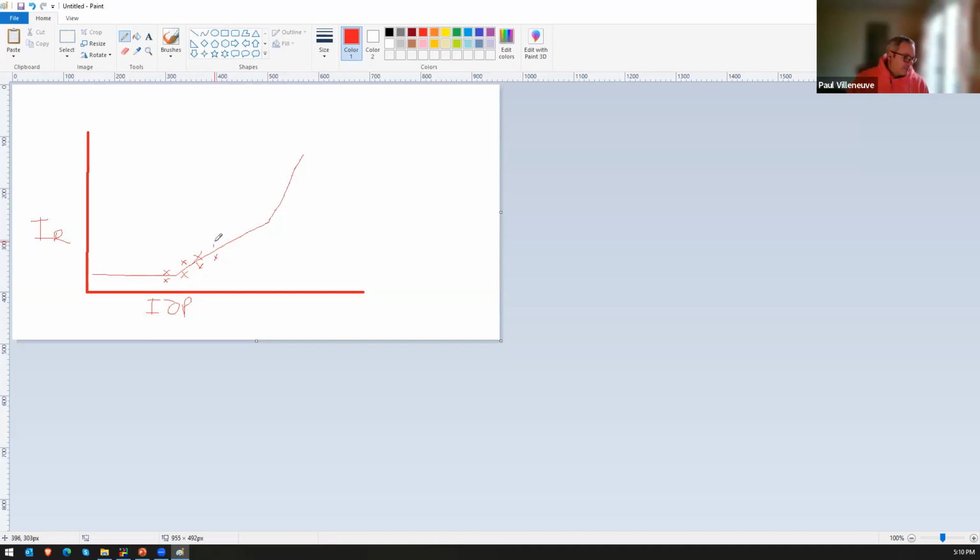Right. So what Paul's saying is you'll test different points along this curve to make sure that the relay operates above the curve for these points and doesn't operate for points along here.